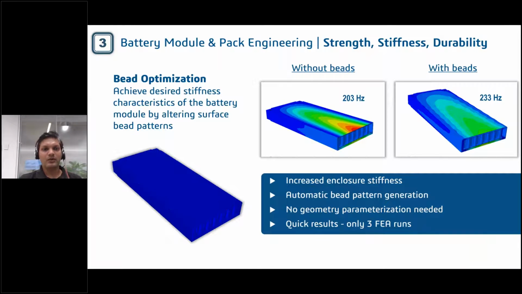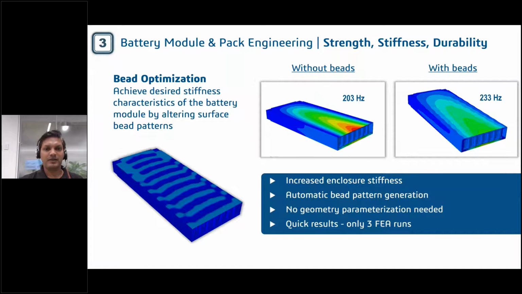Then you may want to optimize your modules or packs for different abusive conditions, like maybe a stone impact analysis or a penetration analysis. Accordingly, you may have to optimize the structure to stiffen it, through maybe a shape change by incorporating certain beads.